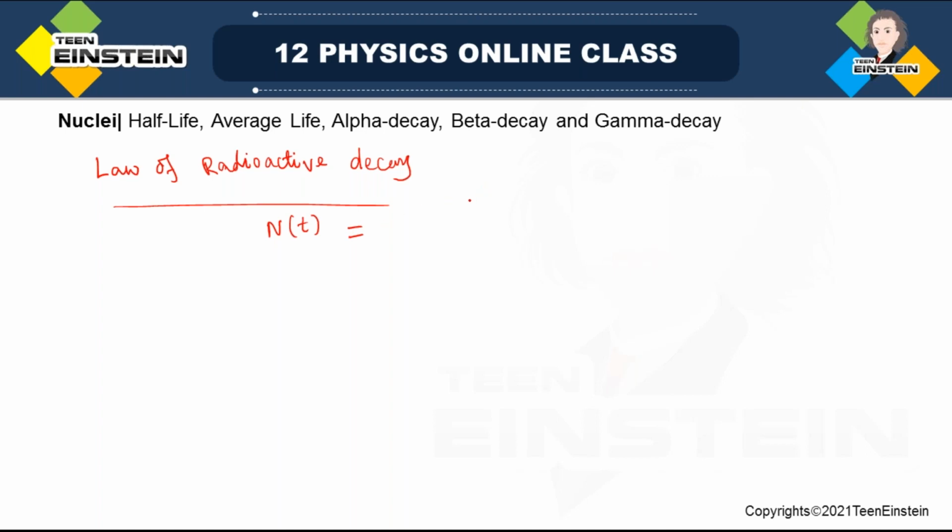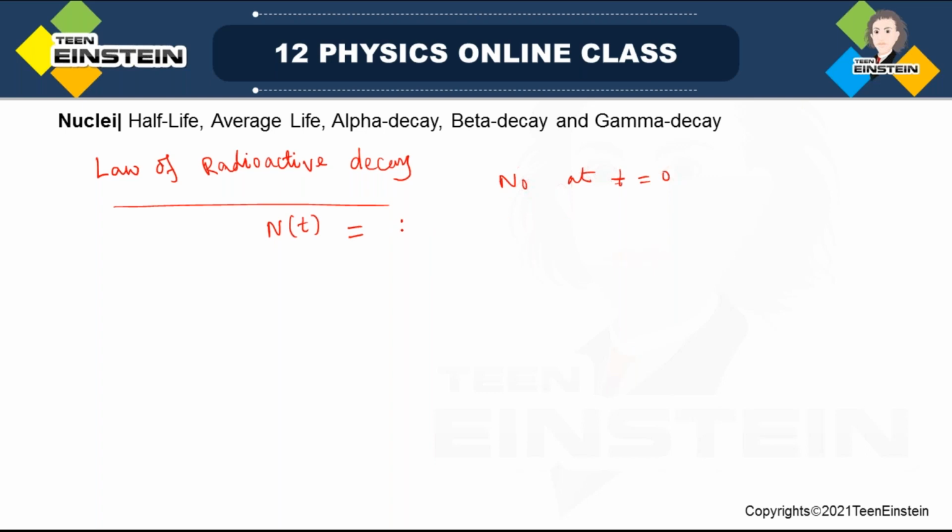Suppose you have some 1000 nuclei, so all of them will not decay at a time. So if there are N0 nuclei at t equal to 0, that means before it starts decaying, after t time, what will be the number left?